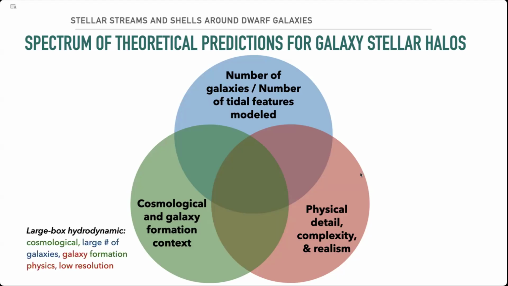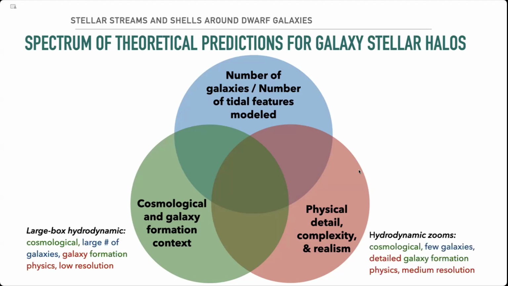So on the one hand, we have the large box hydrodynamic cosmological simulations that have large numbers of galaxies, and they have the full galaxy formation physics, but they have limited resolution. And they might not be able to resolve dwarfs of dwarfs or satellites of dwarf galaxies.